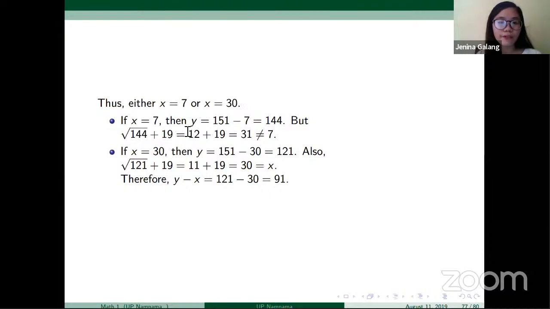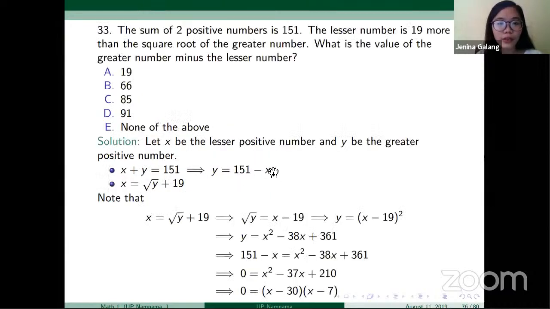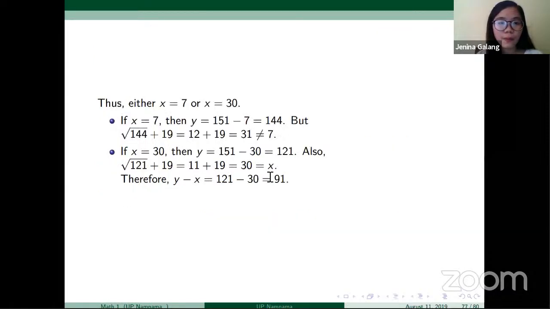So if x equals 7, then y equals 151 minus 7. So sinubstitute lang natin yung x dito. Equals 144, but the square root of 144 plus 19 equals 12 plus 19 equals 31, which is not equal to 7.